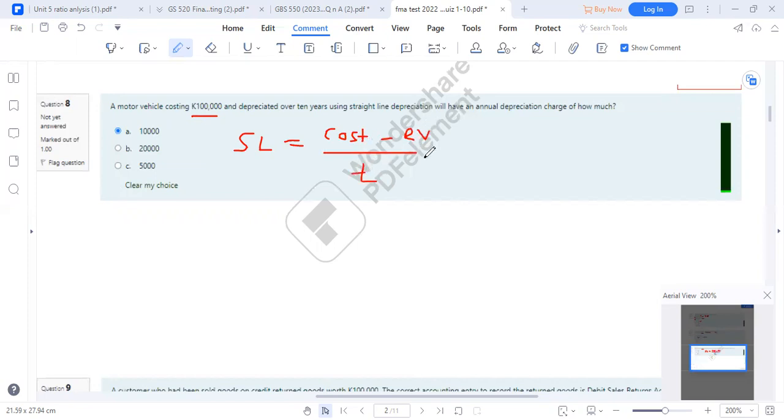So our cost here is what? 100,000. If you are not given the residual value, we're assuming it is 0, and the time period is 10. So 100,000 minus 0 is still 100,000. Divided by 10, we get 10,000. Are we following?